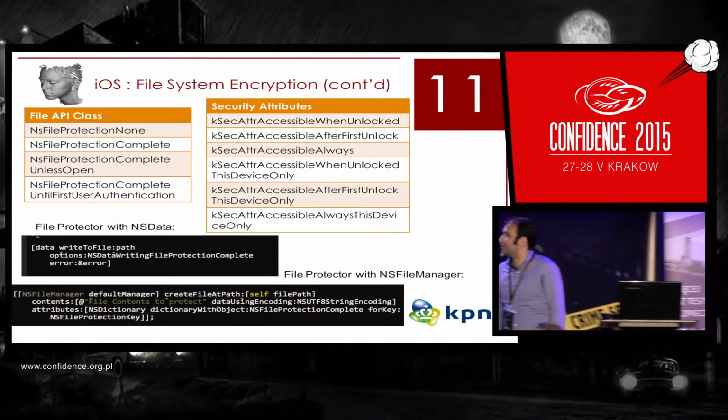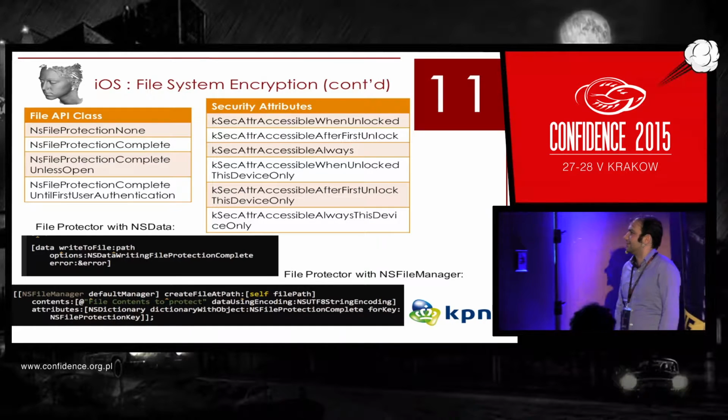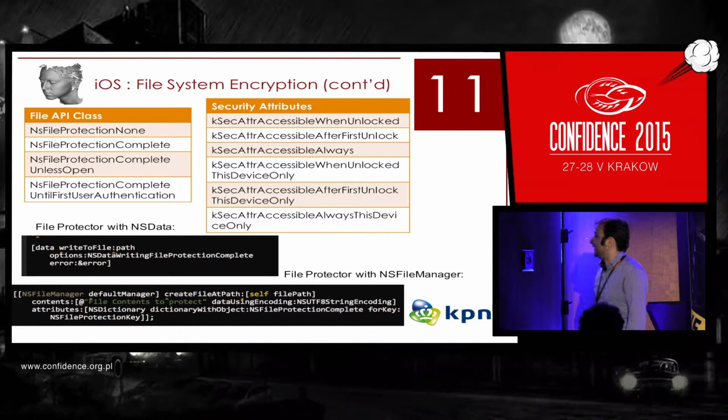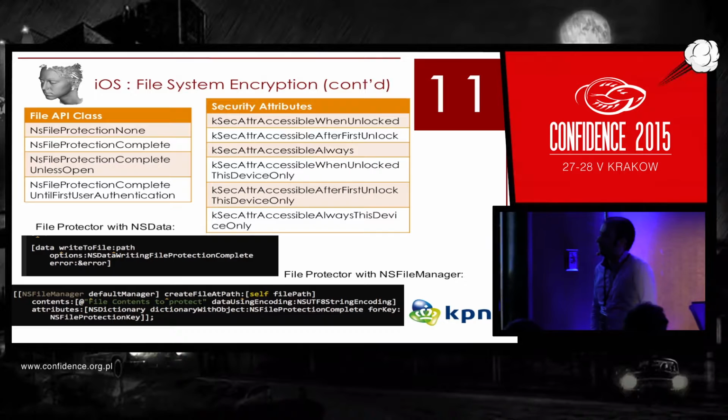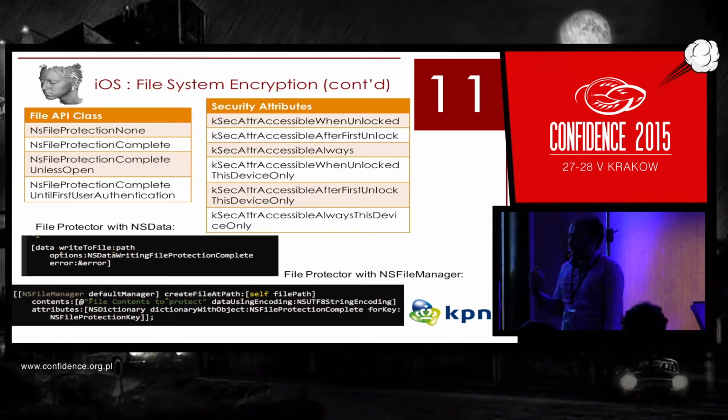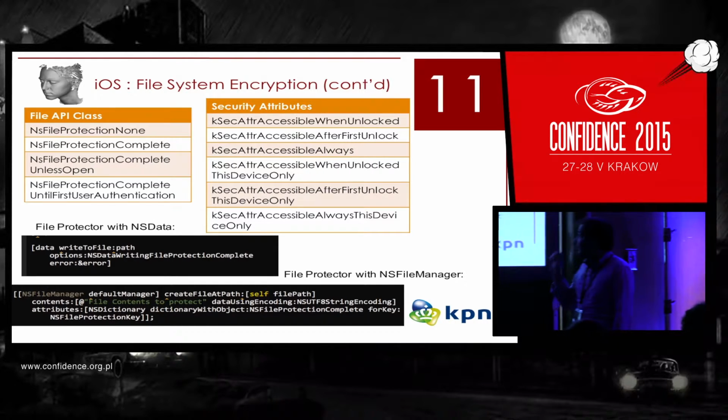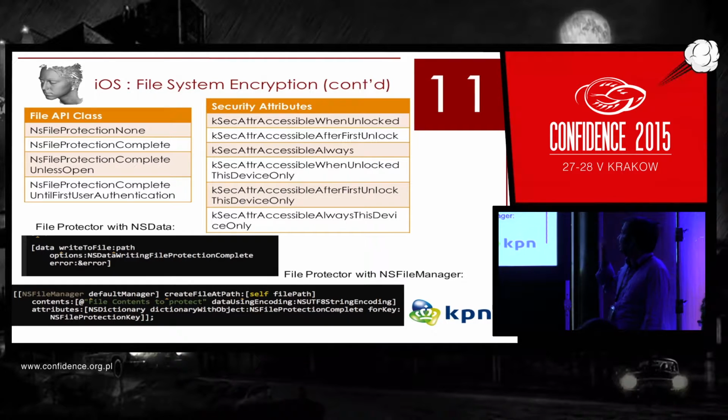File encryption also defines API classes to define specific actions on the file operation within the iOS environment. For example, file protection. We can set a file without any protection. The protection could be complete unless open. And these API classes also define some attributes.